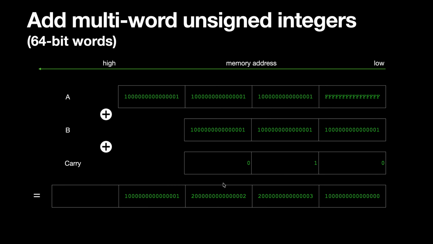Modern compilers provide a software emulation of unsigned int 128, which translates into very similar machine code, which involves adding and checking the carry flag. Last thing, in the resulting number, we may have another word appearing here in case the last addition overflows.